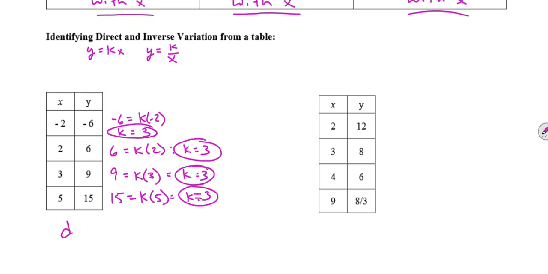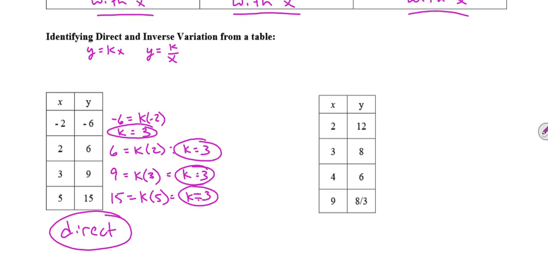So since that worked, I can say, yes, this is direct variation. All right? So it could be direct, it could be inverse, or it could be neither. So if I tried direct and it didn't work, I would then try inverse. If inverse wasn't correct, if I didn't get the same thing every single time, then I would say neither, right?